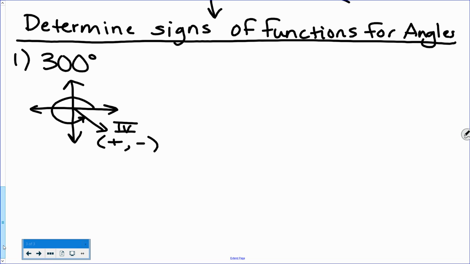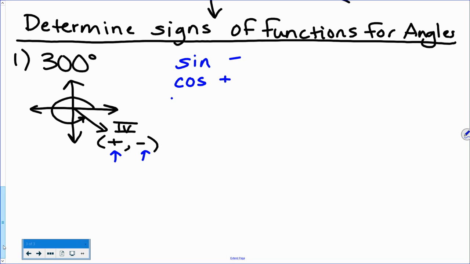It's going to ask you individually in Math Excel, if I gave you sine, will that be positive or negative in this quadrant? Well, sine uses the y-coordinate, so that would be negative. So then you just check the box for negative. Then it might ask cosine. Well, cosine is going to be positive because it uses the x-coordinate.